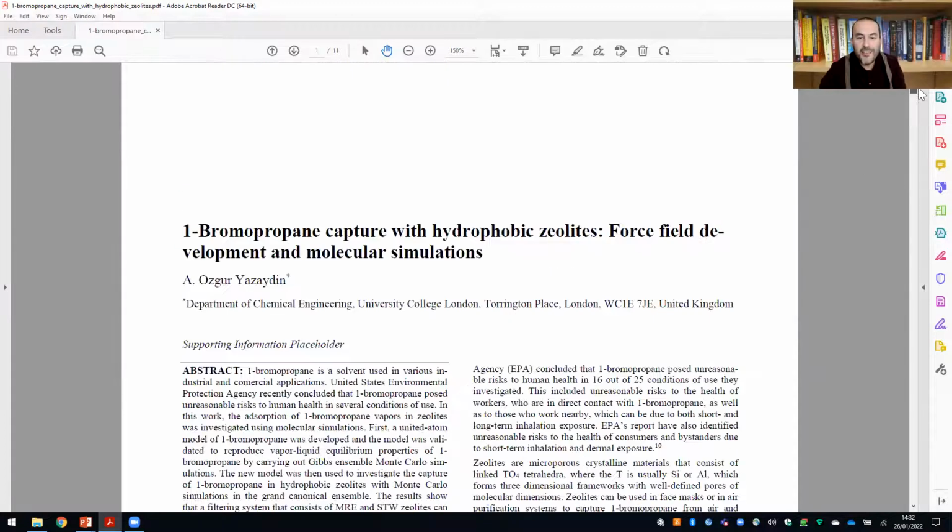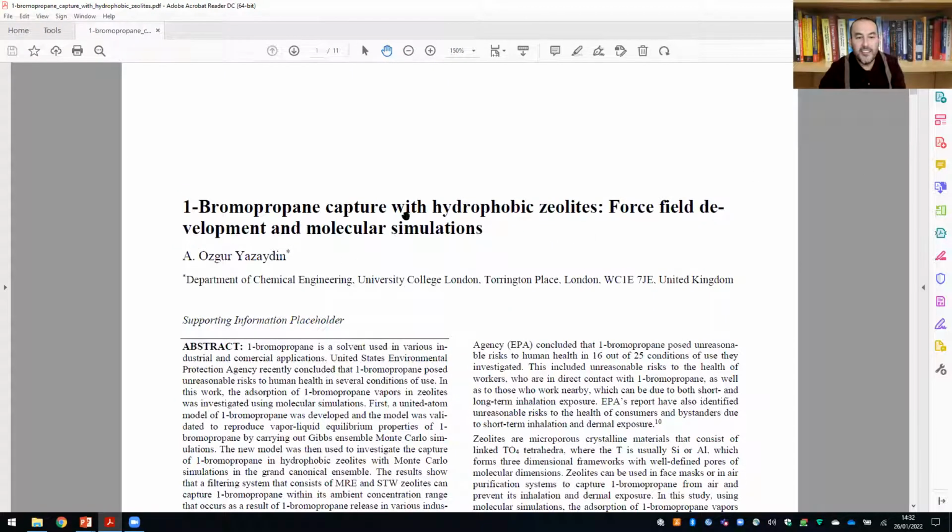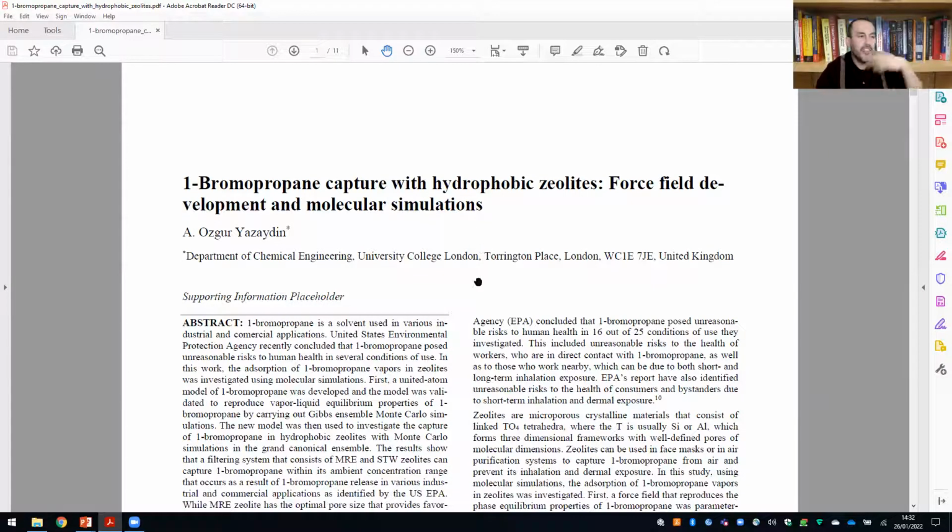It has to do with the fact that this part of the study is about capture. Now, how do we capture bromopropane from air? By using zeolites, which are porous materials with very narrow pores, on the order of, say, 5 angstrom to maximum 15 angstrom. So we talk about a 1-2 nanometer scale.